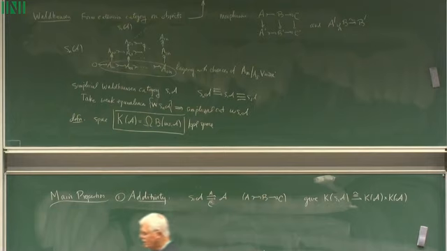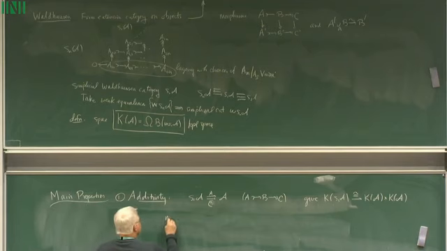And so the additivity theorem says that that's two copies of A. Now there are modifications.